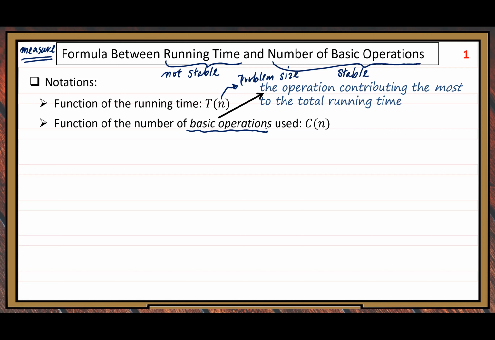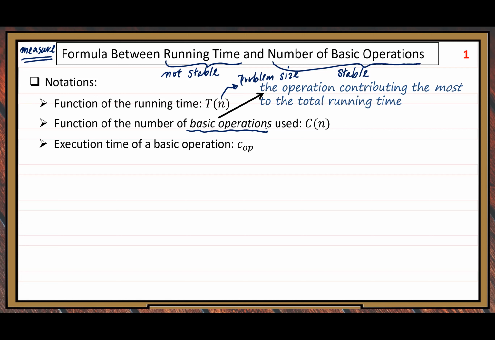So we only look at the basic operations. All right. Then another concept, we need to use a special notation. That is the execution time of basic operation. Little c with subscript OP.